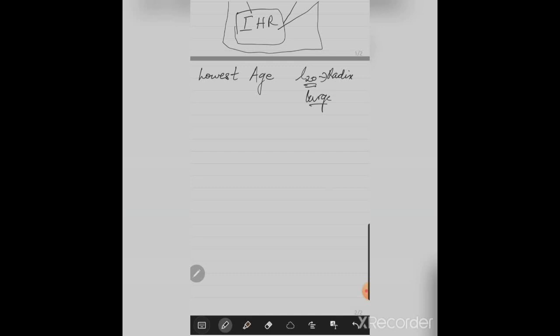And we are trying to find the probabilities of transition for a person aged x: the probability of transitioning from active state to withdrawal state, from active to retirement state, from active to ill health state, and from active to death state.